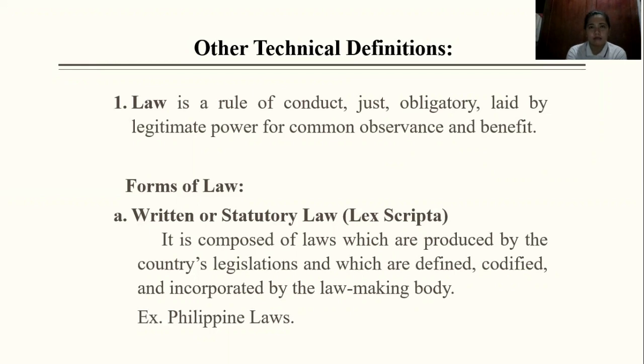Then it also includes the statutes, including the acts of Congress, municipal charters, and court rules, and so forth. And in Philippine laws, other sources are the treaties, conventions, and the judicial decisions.